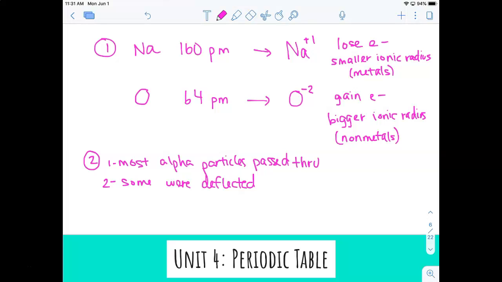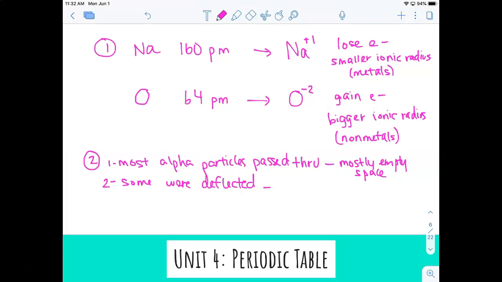From these observations, he was able to conclude if the alpha particles are able to go right through the atom, that must have meant the atom is mostly empty space. So that was a very big conclusion. Some were deflected. So this made him realize that there is something inside of the atom because those alpha particles were hitting into something and bouncing off.